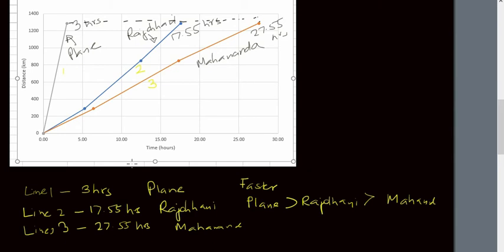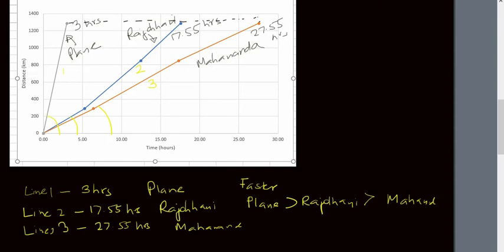So what is the relationship between this angle and this angle and this angle? So I'm introducing a new term here called slope.